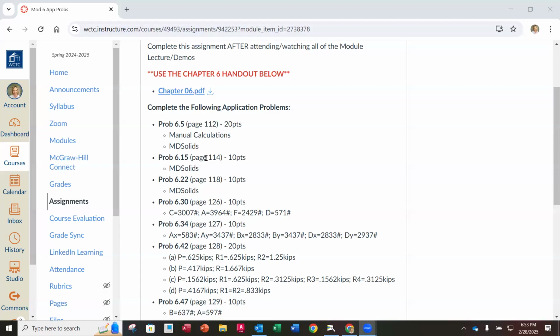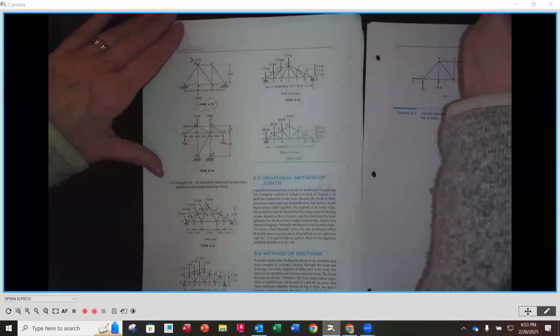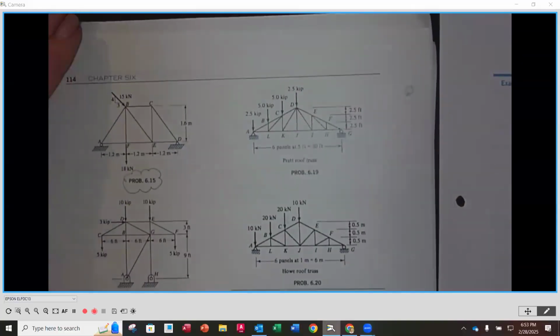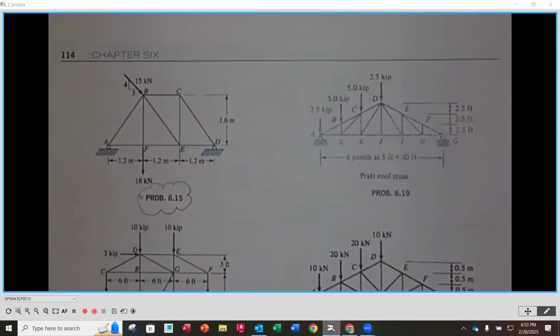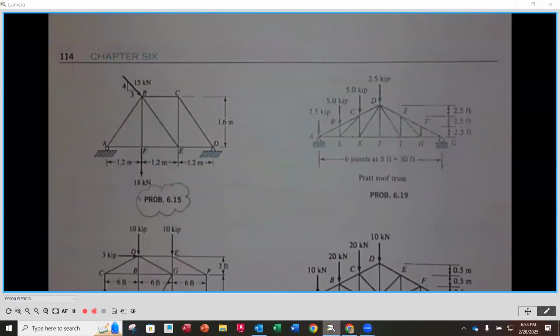So if we look at page 114, it's going to be 6.15. You are going to be setting up in MD Solids problem 6.15 here. Now, you are going to notice that you have a force that's at an angle. All right.